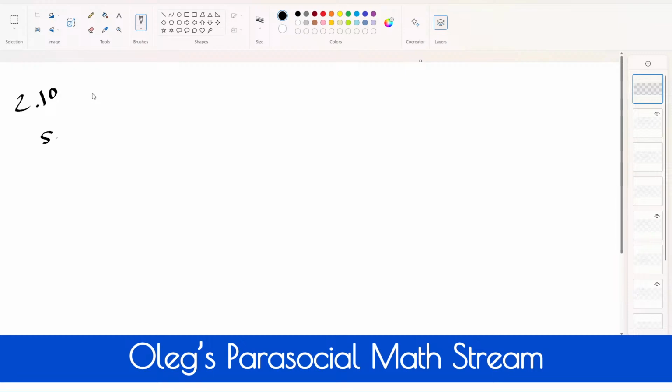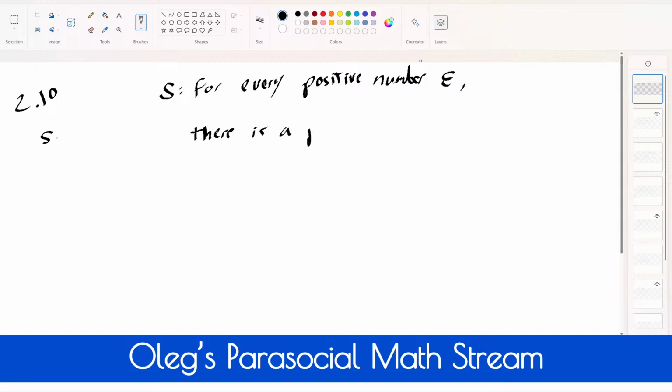We're going to call this statement S. I'm going to say, for every positive number E, epsilon. That's epsilon, by the way. There is a positive number M.